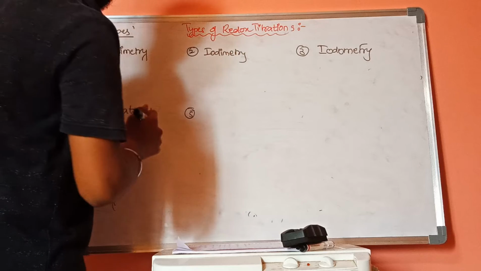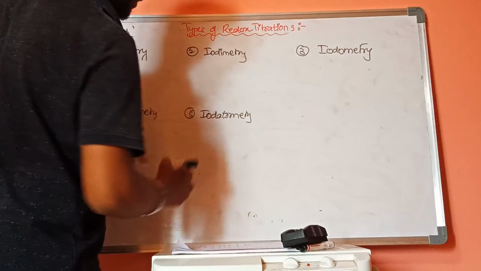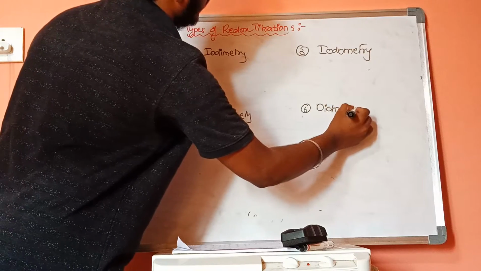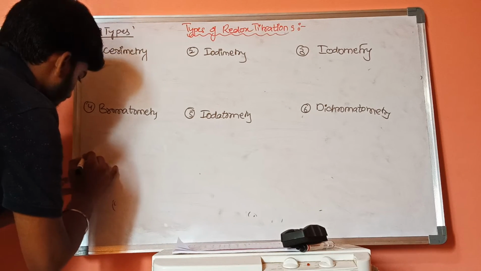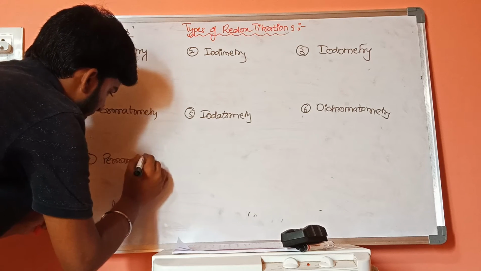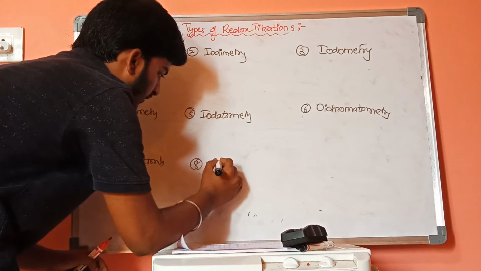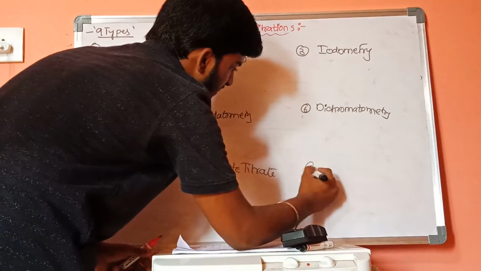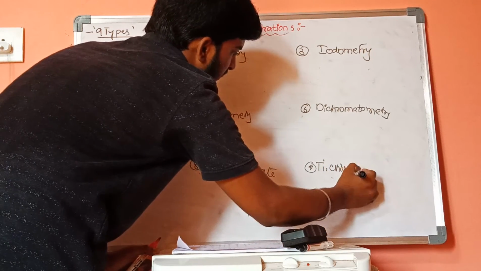Fifth one is iodatometry. Sixth one is dichromatometry. Seventh one is permanganometry. Eighth one is nitrite titration, and ninth one is titanium chloride titration.